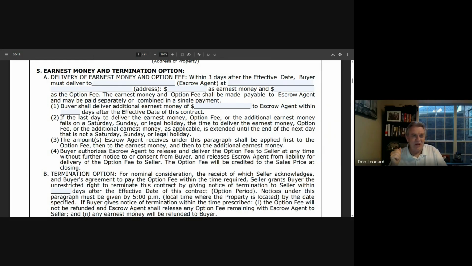I'm so glad you brought that up because you're right. It's a setting. Did you use ZipForms? Yes, sir. It's a setting in ZipForms where you have to put your time zone. You have to go in and put what time zone you're in, because if you don't, it assumes Greenwich Mean Time.